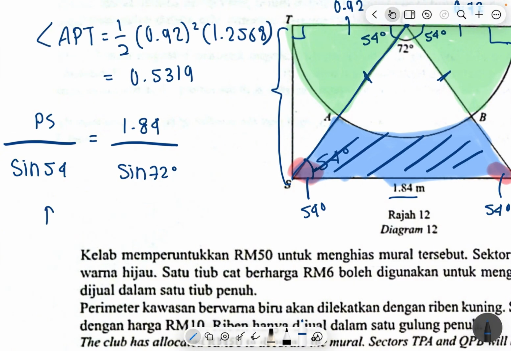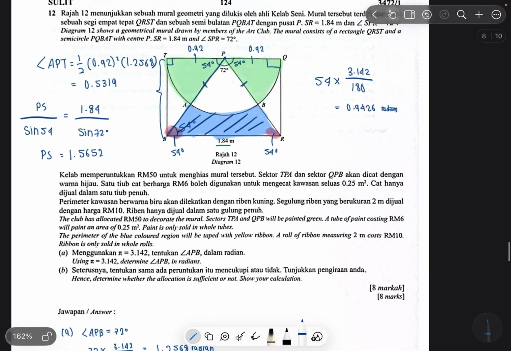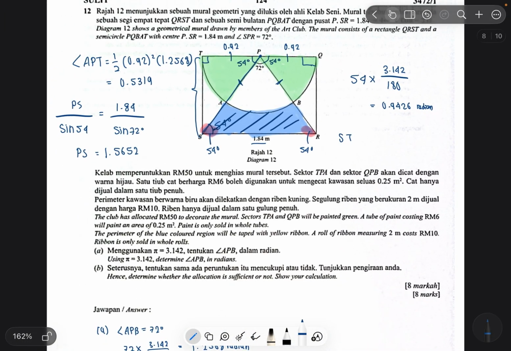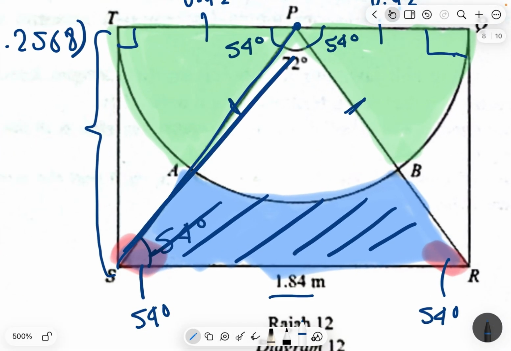Do basic algebra, and you get 1.565. So find the length of ST using Pythagoras theorem. ST is equal to the square root of the hypotenuse squared minus this squared.